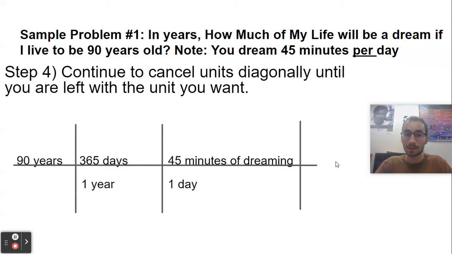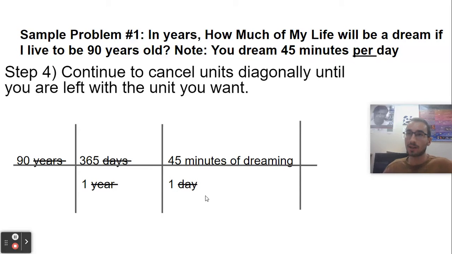Okay? So if we stopped here, these will cancel out. Okay? The years would cancel out, the days would cancel out. And right now, I would know how much of my life will be a dream, but it'll be in minutes.